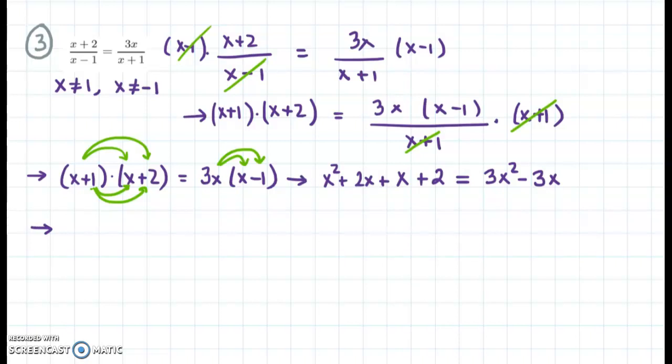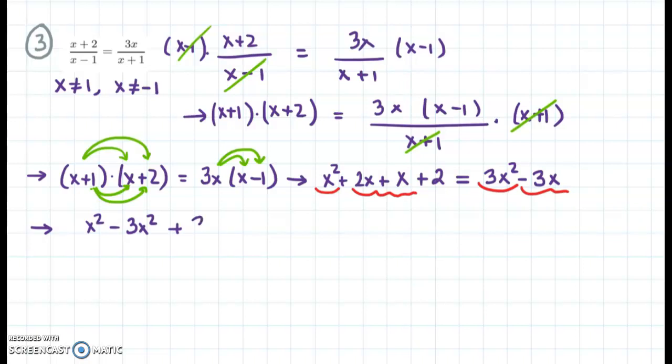Actually I'm going to simplify it. So I'm going to put all the like terms together. For instance, we have x squared and 3x squared. I'm going to write everything on the left hand side, so I'm going to have x squared minus 3x squared. And then we have 2x plus x minus 3x on the other side.